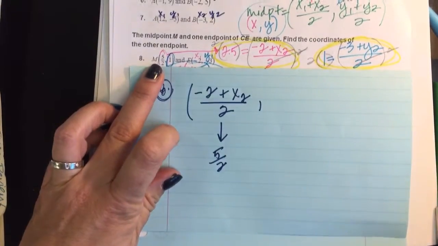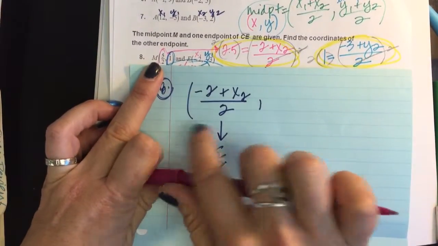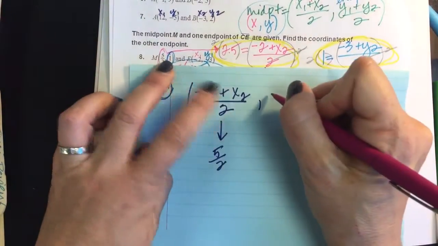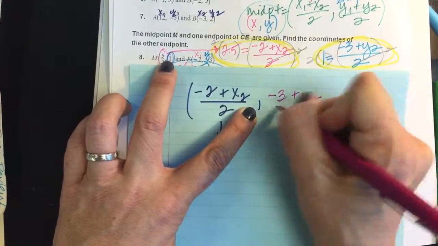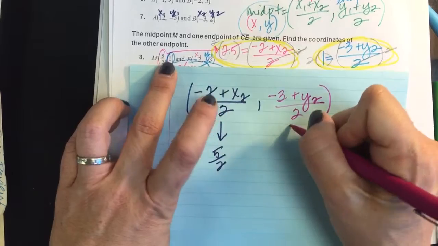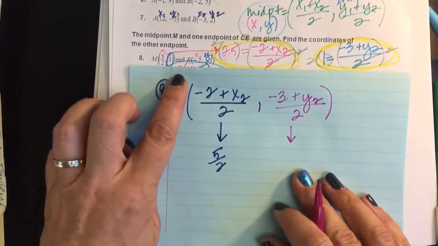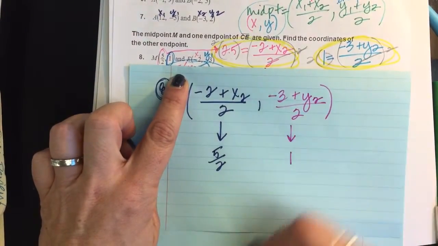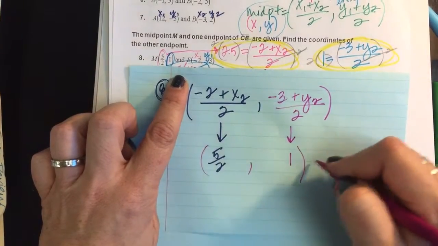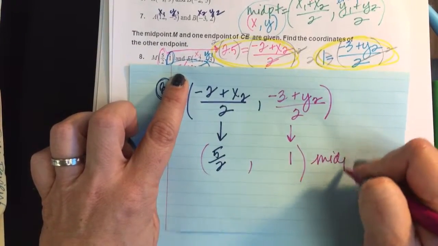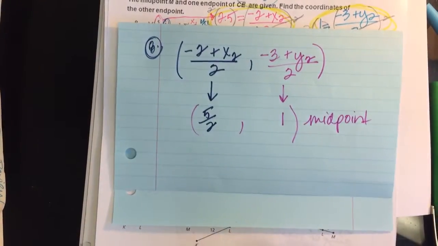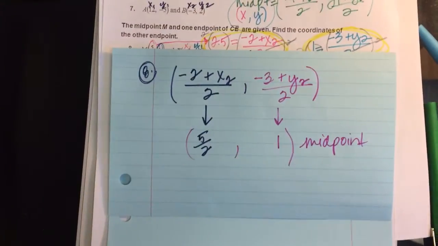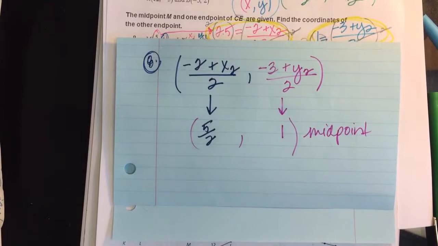I'm going to switch colors just because I'm going to separate these problems out in a second. They gave me one of the endpoints was -3. I need to find the y value of the other endpoint. And what I know about this problem is that when I do this math, that equals 1, because in the end, they told me that this is the midpoint. Now, if that's the case, then I really am looking at having two different problems to solve here.